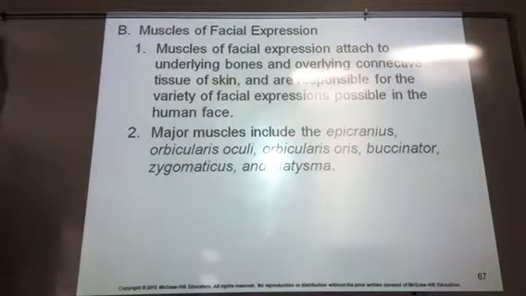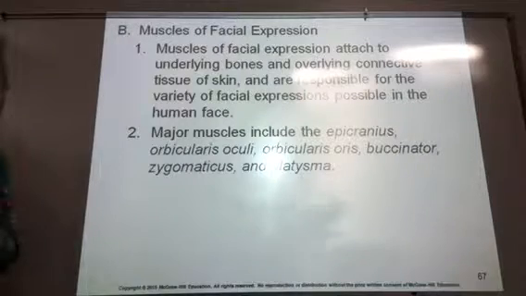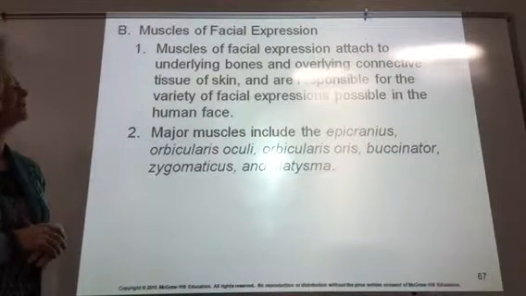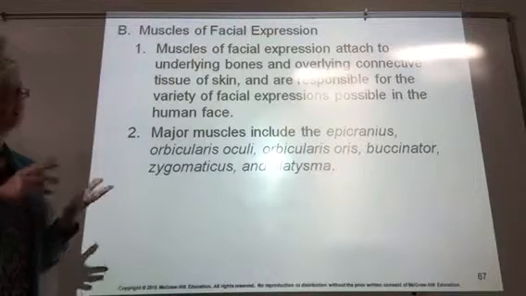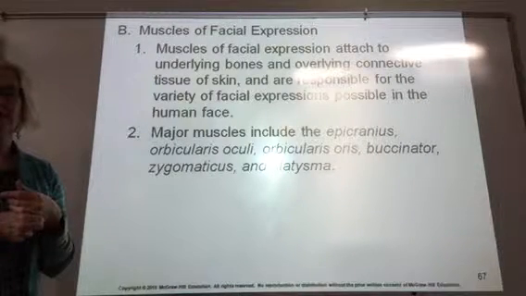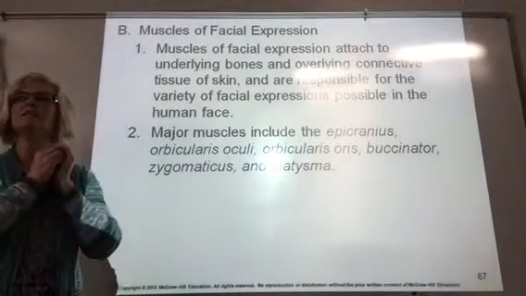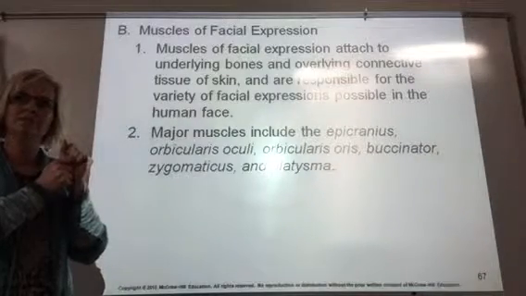So today we're going to look at the face and head. Muscles of facial expression, so smiling, frowning, pouting, creasing your eyes, all of those are going to attach to bones that are on your face, obviously, and then connective tissue of the skin. So we started dissecting cats last period. That connective tissue is very easy to see when you start to peel the skin away.